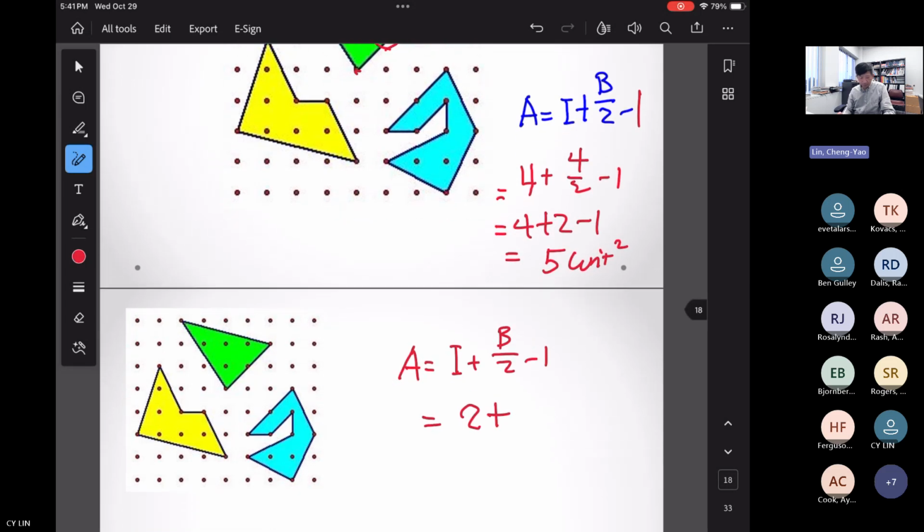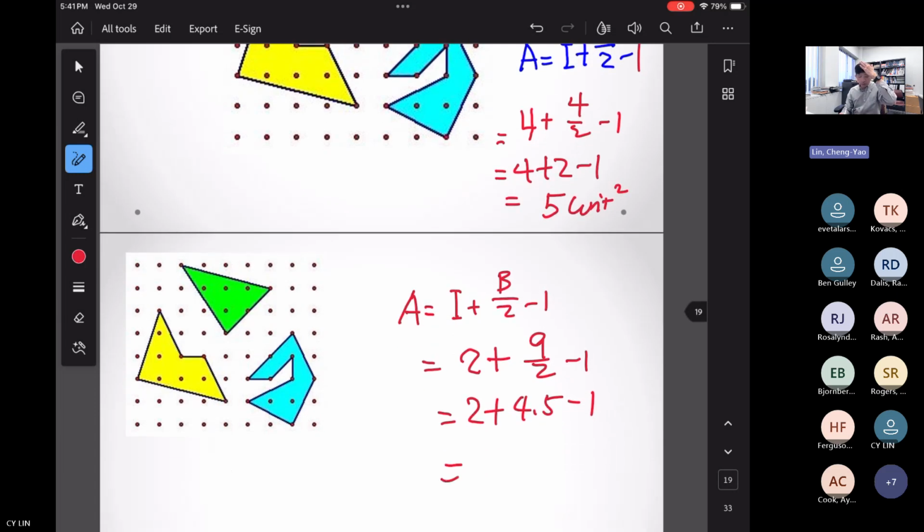What about boundary? What boundary point did you have? 9. Plus 4.5 minus 1. So therefore, the answer is 5.5 square units.